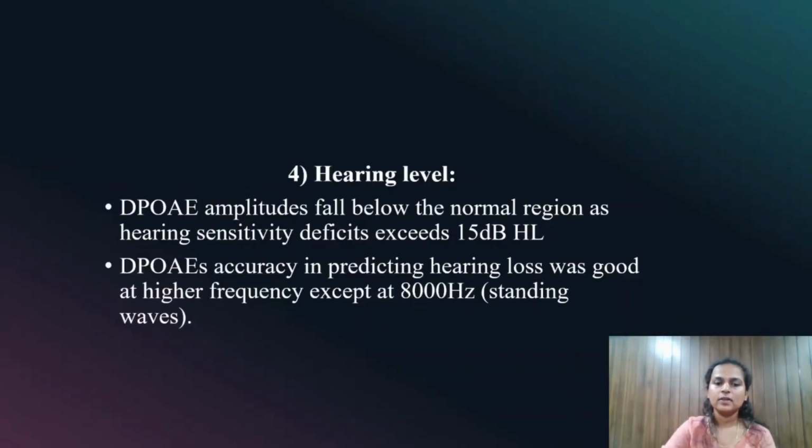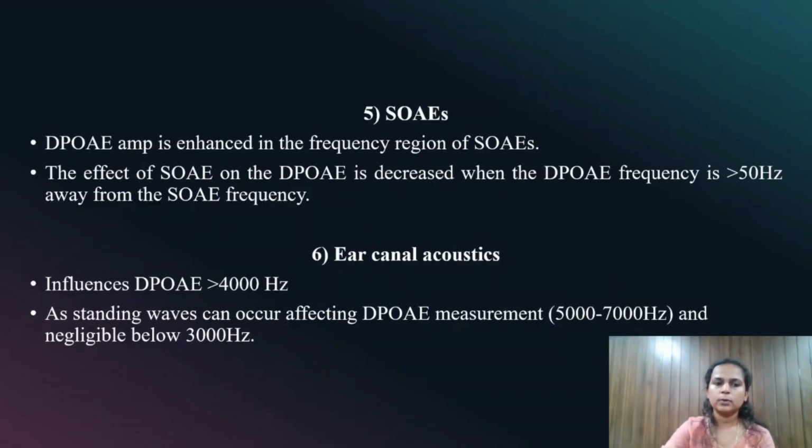Hearing level: DPOAE amplitudes fall below the normal region as the hearing sensitivity loss increases more than 15 dB HL, and the accuracy is predicted. Hearing loss prediction was good at higher frequencies except at 8 kHz. SOAEs: DPOAE amplitude is enhanced in the frequency region of SOAE.